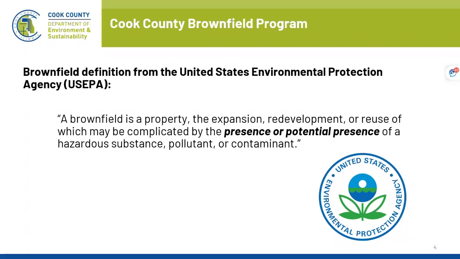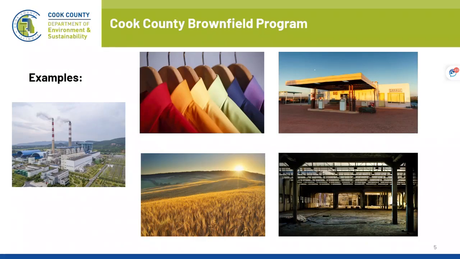But developers, potentially interested parties need to be deterred from it for some reason. Usually they know it's contaminated or they suspect that this land could be contaminated. And here are just some examples of brownfields. So your typical factory or maybe a closed down historical factory, an old gas station, a dry cleaning facility.